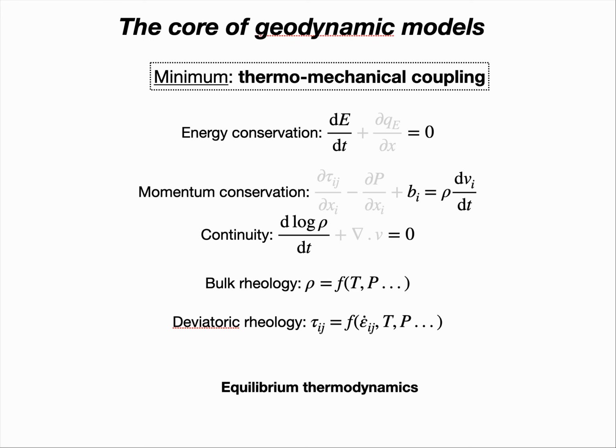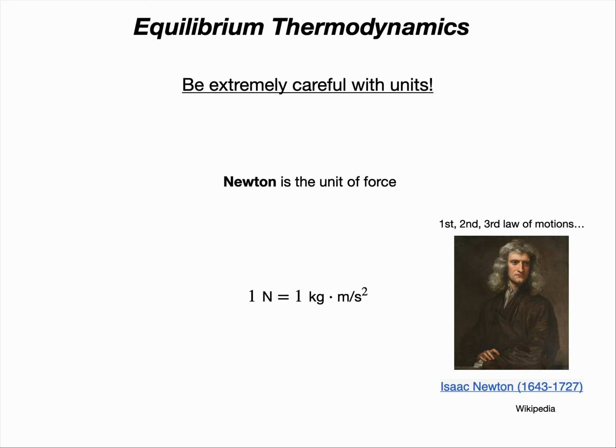The first step I want to do here is to give you a warning. Equilibrium thermodynamics involves energetics, and it involves quantities of different units. And you have to be extremely careful with units, as usual. Here are some of the units you're going to meet during this lecture. First, Newton.